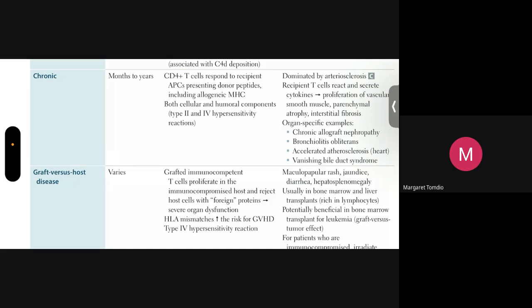So how does the graft cause the problems? That's really important to know. It's only going to be seen in two cases: if we are transplanting bone marrow, or if we are transplanting liver. Why? Because in bone marrow and liver, we have a high concentration of T cells.